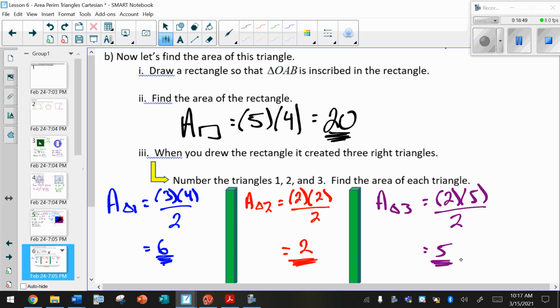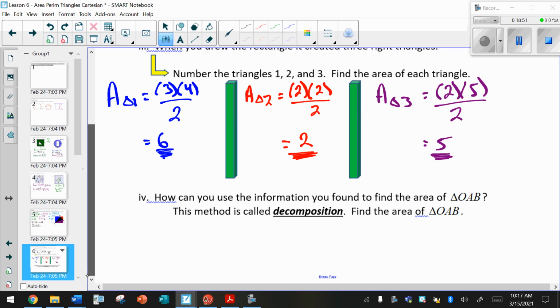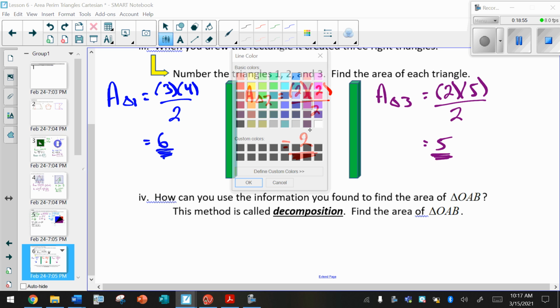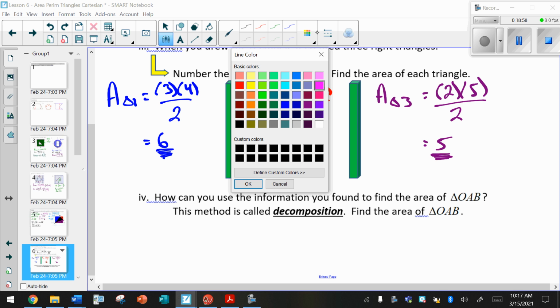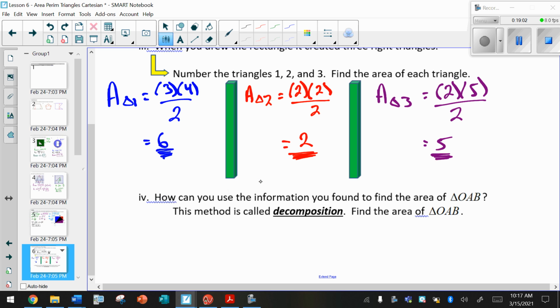So now how do I get the actual area? Well, we're going to use what I call decomposition. So the idea behind decomposition, to decompose something or to break it down, is to take the area of the rectangle, which we had was 20, and subtract out the area of all the parts that we had around it.